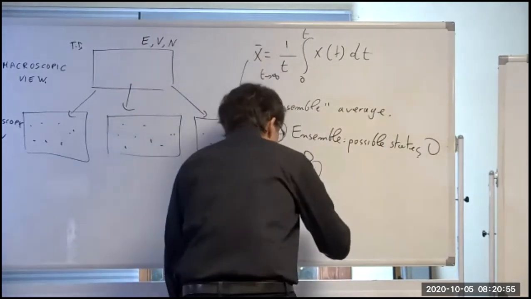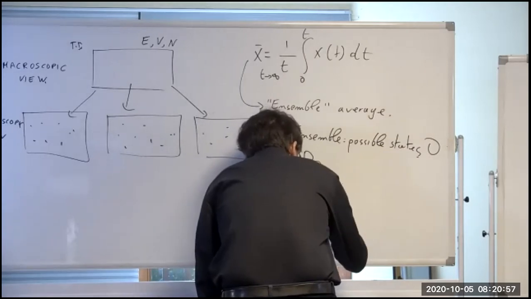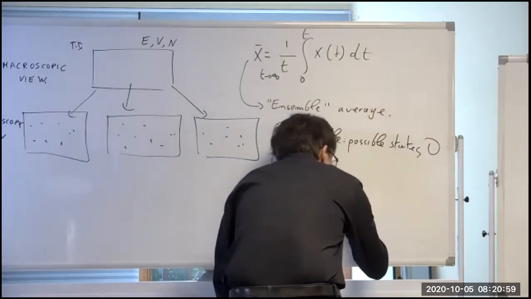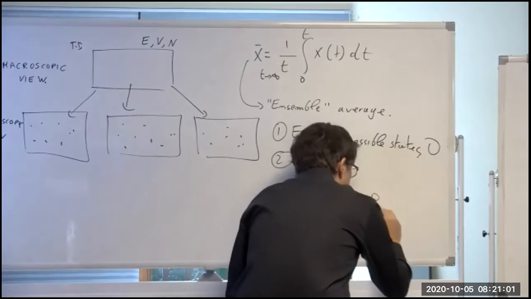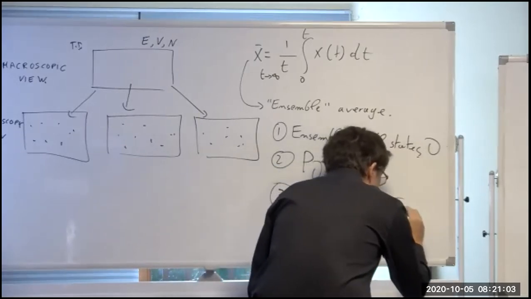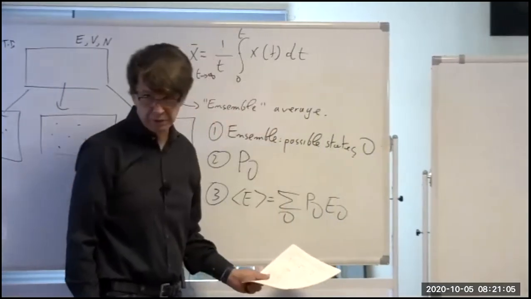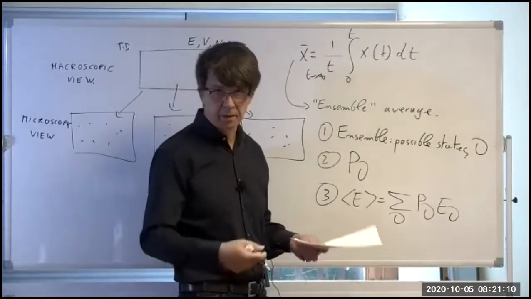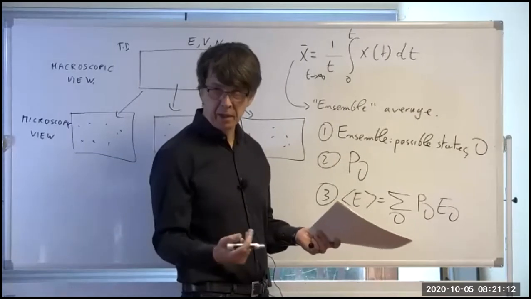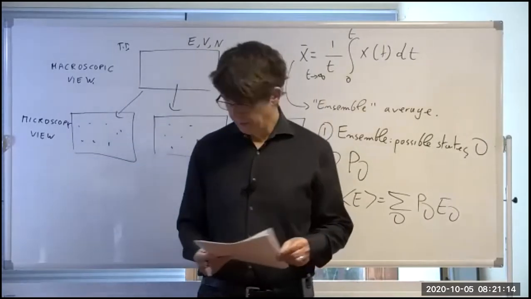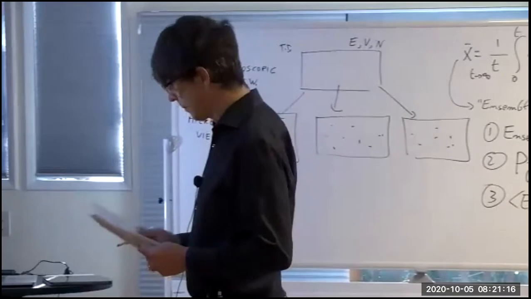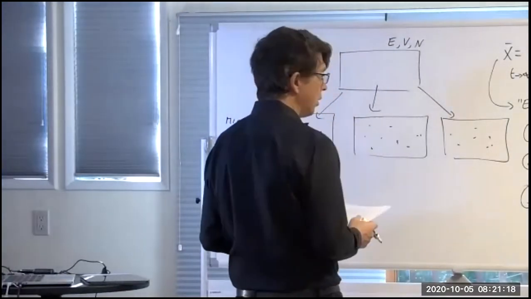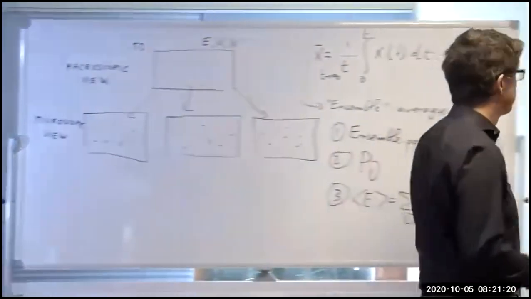So then the average energy, for example, will be the sum over all the states, probability of the state times the energy in the microstate. And you can do this for energy, you can do this for other extensive properties like amount of something, magnetization, etc.